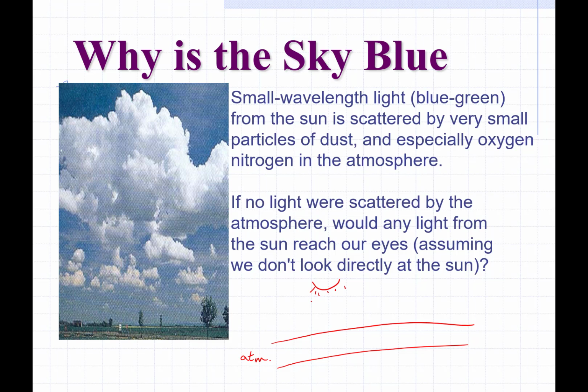So if we look at light that goes off in all kinds of different directions, blue light is going to get bounced back towards the earth in all kinds of random directions. So when we look in the sky, we're going to see a lot more blue than other colors. Since red light is scattered less, more red light is going to just travel straight through the atmosphere towards us.